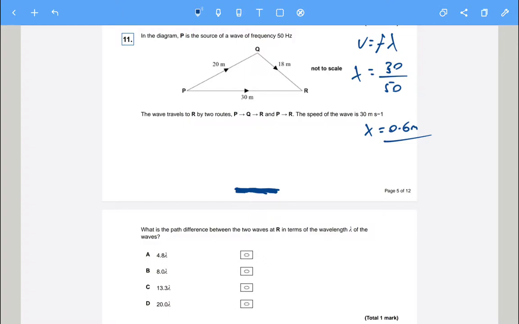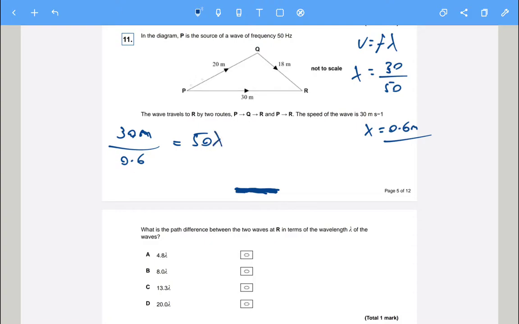It's 30 meters of distance and the wavelength is 0.6, so it will be 30 meters divided by 0.6. That will tell us how many waves are in that length, and it's 50 wavelengths on that route.